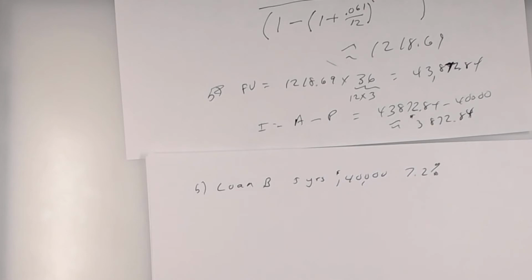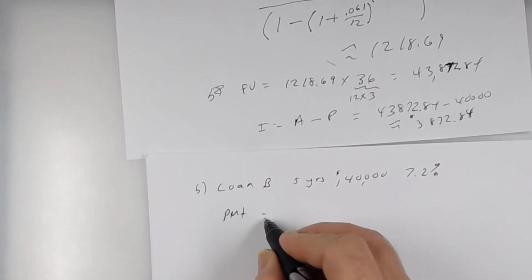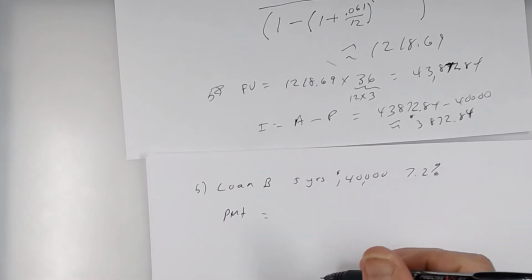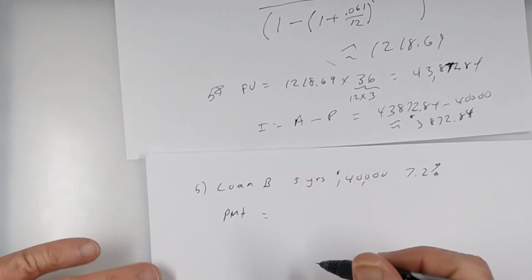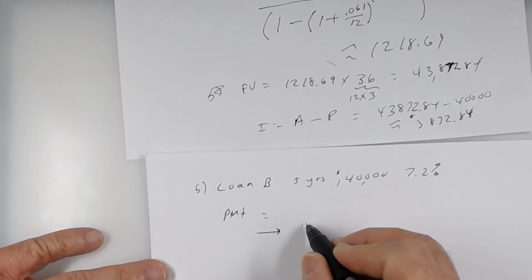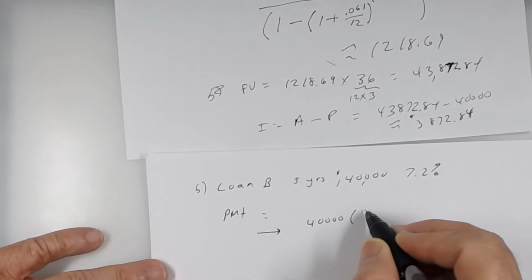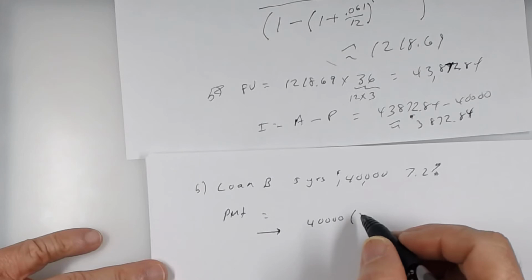All right, so let's find the monthly payment. So again, you're going to put that in your calculator. But first of all, remember on the worksheet or a test, your test in 2 weeks, you're going to write out 40,000 times R. What's R?